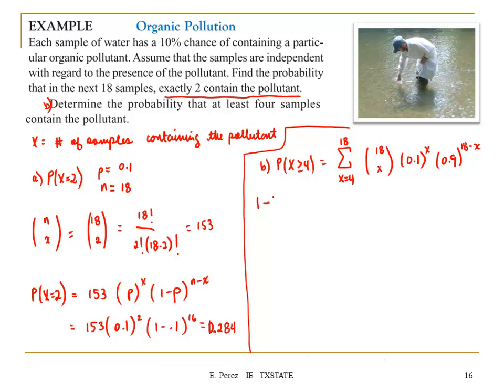So most of the time it's better to look at the complement. In this case we have 1 minus the probability of X being less than 4, and that will be equal to 1 minus the summation from x equals 0 to 3 of this expression.